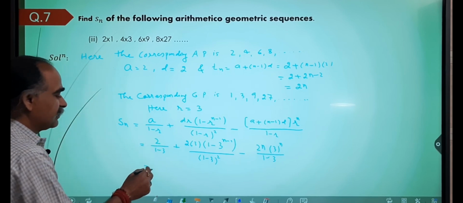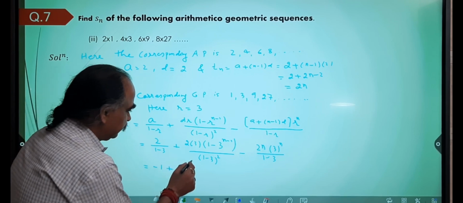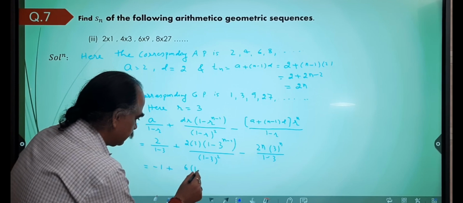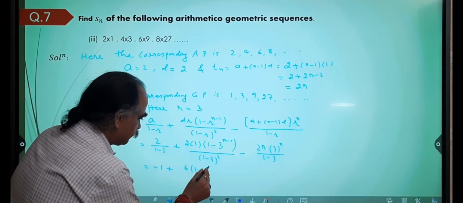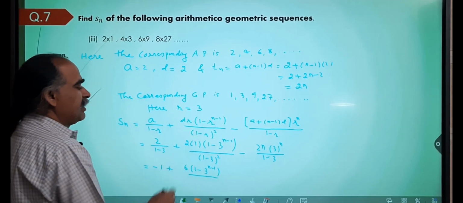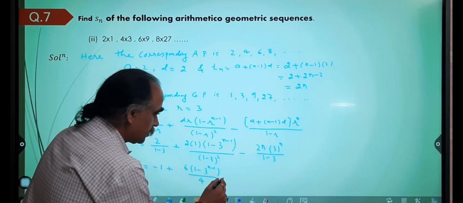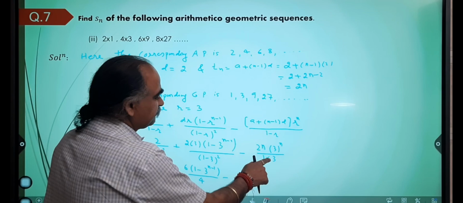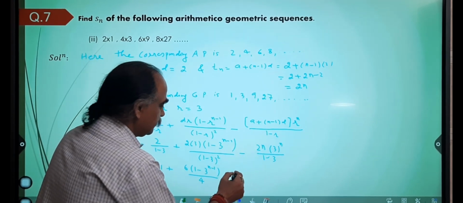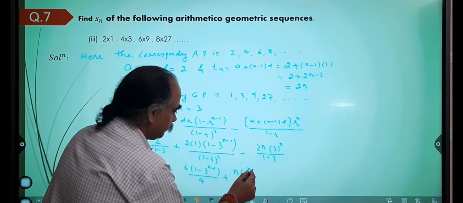2 upon minus 2 will give you minus 1, plus 6 into 1 minus 3 raised to n minus 1, divided by 1 minus 3 is minus 2 square, which will give you 4. And this is minus 2, minus into minus plus, 2 cancel, n into 3 raised to n.